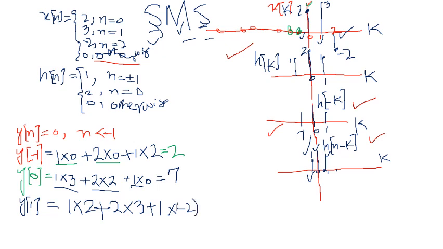Okay, so I hope you get the idea. So 2 into 1, 2, 2 3s are 6, 6 plus 2, 8, 8 minus 2 will be 6, right? So we have y of 1 equals 6.